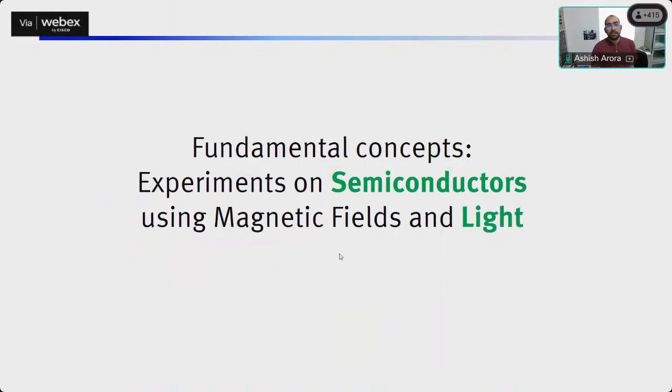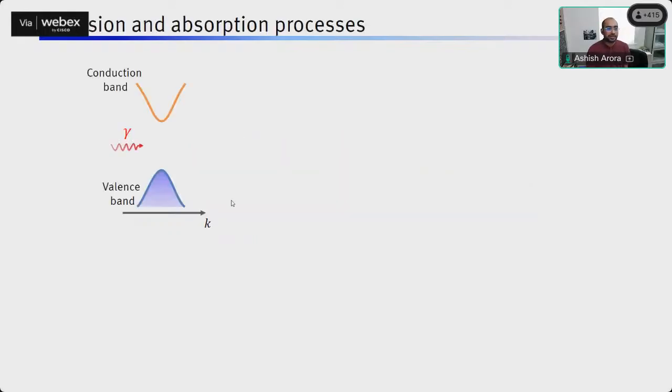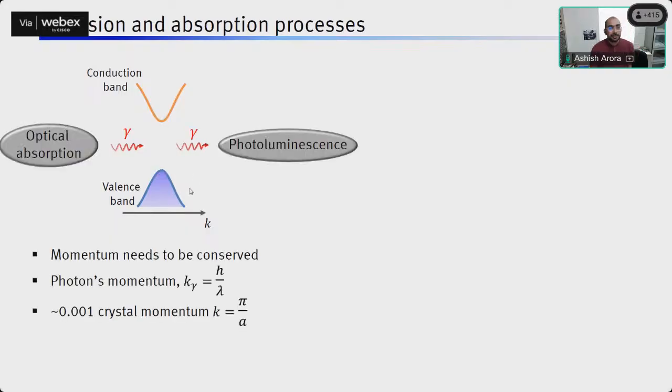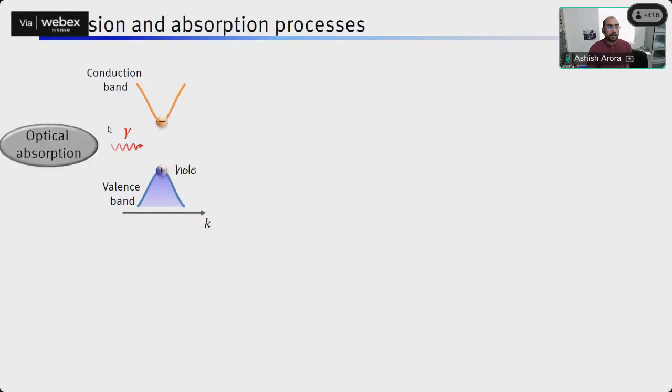Now let's come to the combination of semiconductors and light. When we combine semiconductors and light, we have optics of semiconductors. I already told you, shine photons, create electron hole pairs, and this process is called optical absorption.